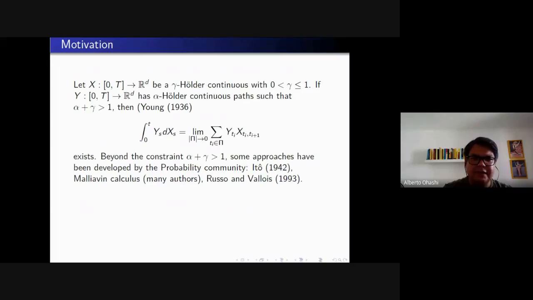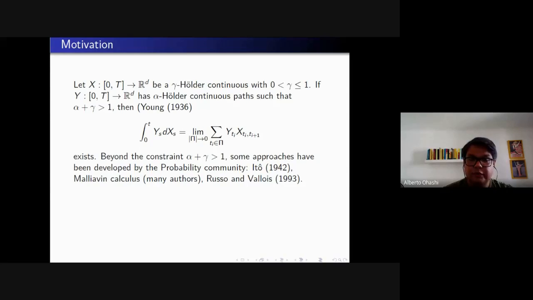Okay, so let me start with a function X. Capital X is just a gamma-Hölder continuous function with regularity gamma between 0 and 1. 1 is obviously the bounded variation Lipschitz case.